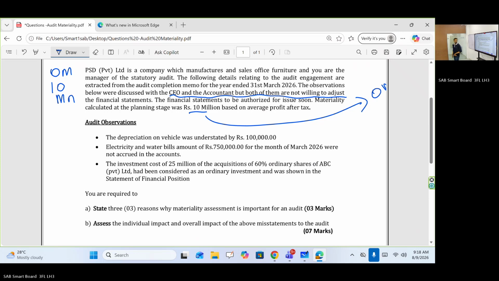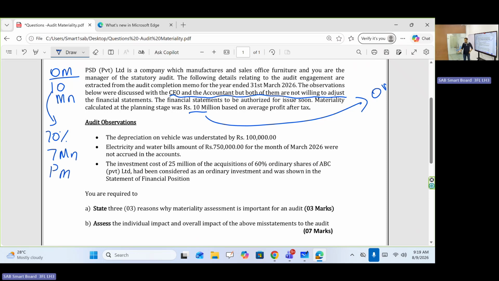If you want, you can calculate PM, performance materiality, let's say at 70%, which is 7 million.